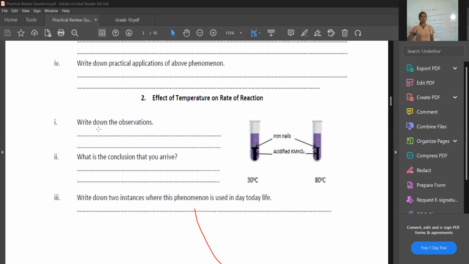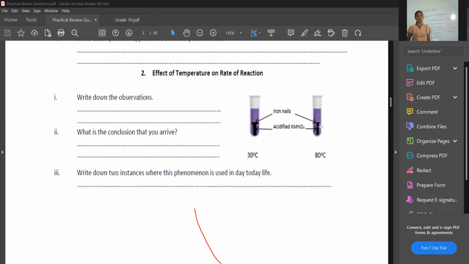In the test tube at 80 Celsius, the purple color of potassium permanganate disappears first. What is the conclusion? If the temperature is high, the kinetic energy of the reactants is also high.